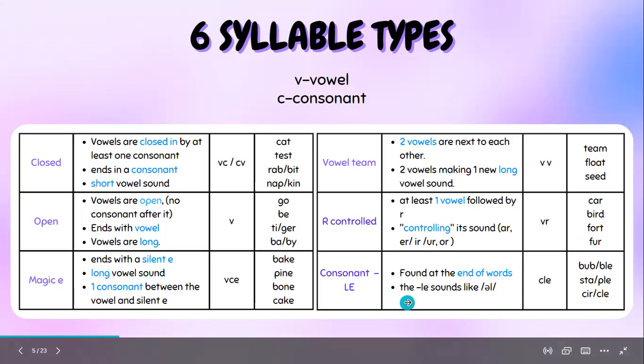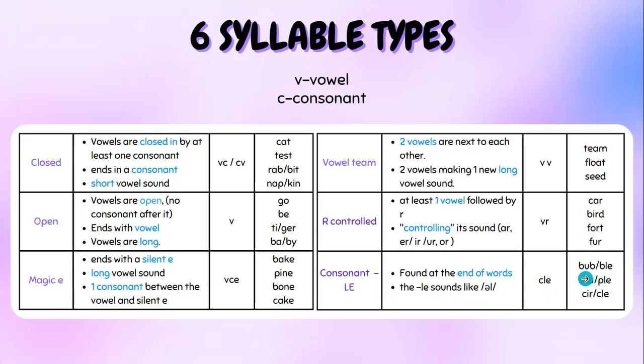Finally, we have the consonant LE words. These are words of the form consonant and then LE at the end of the syllable. For example, in the word bubble, we would usually pronounce the last syllable as "ble," but because of the LE, we actually pronounce it differently.